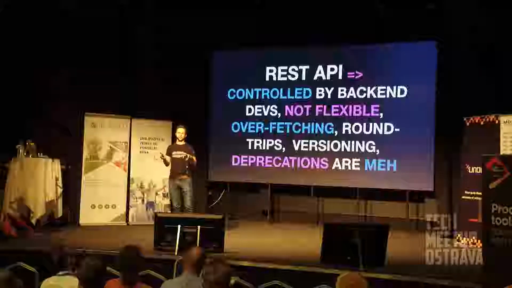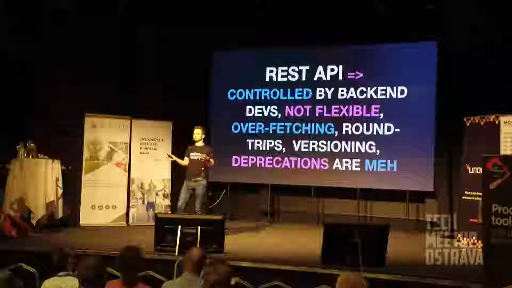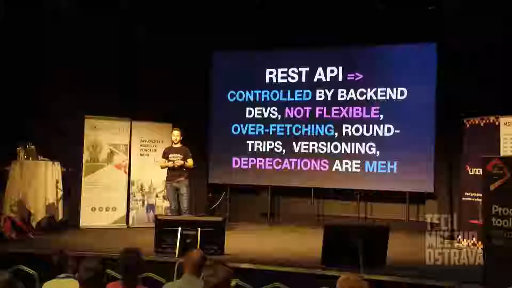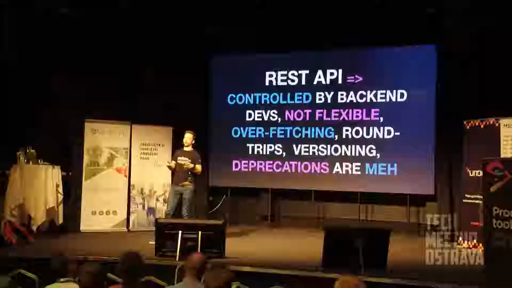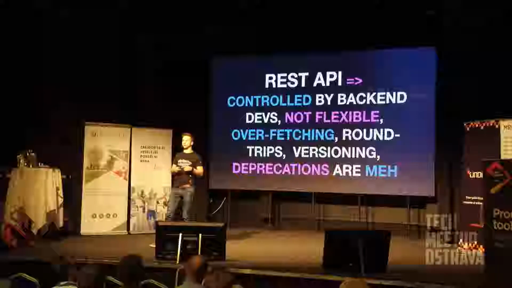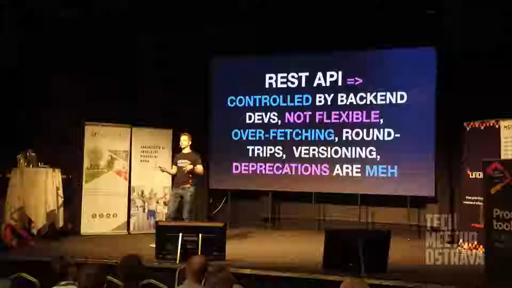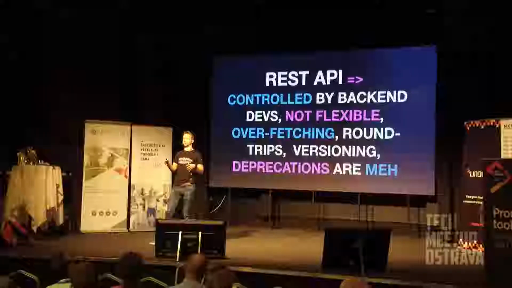So these are the problems that you can find using REST APIs. Also, most of the time, there are round trips. Imagine, for example, you want to fetch a list of users and then also fetch their friends.